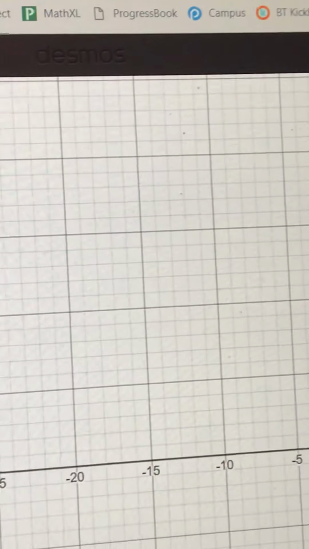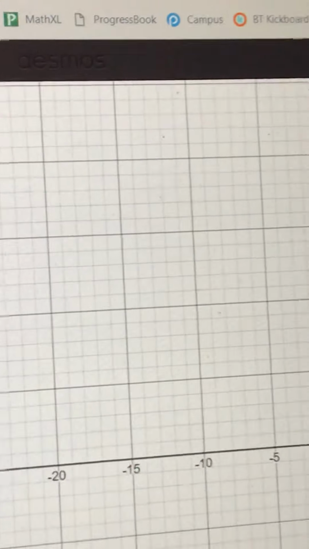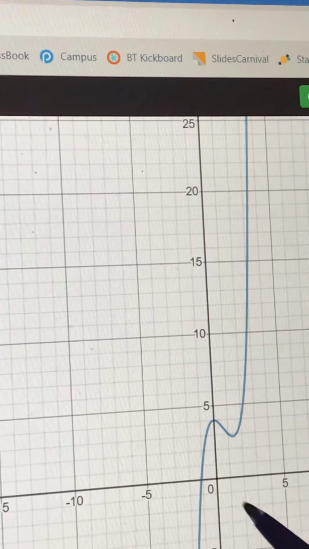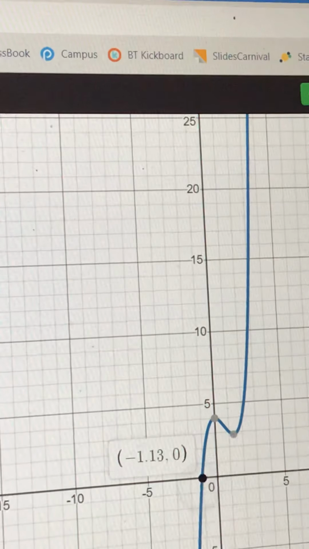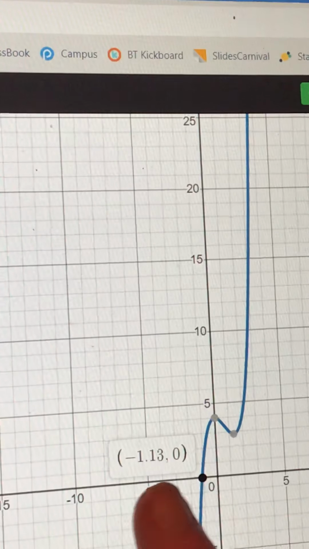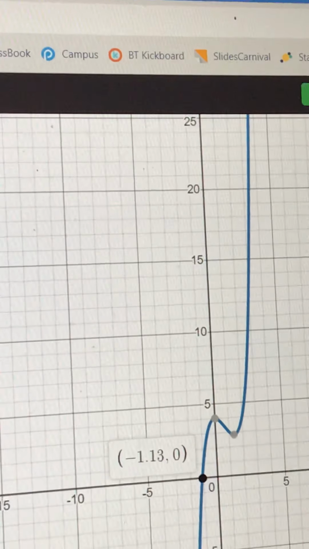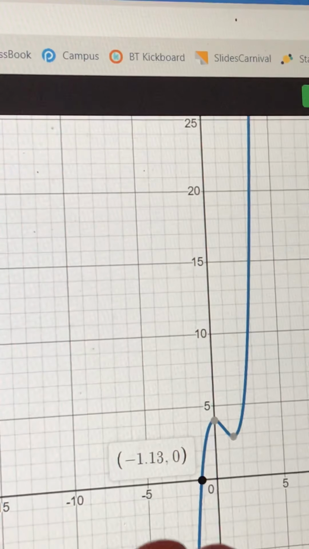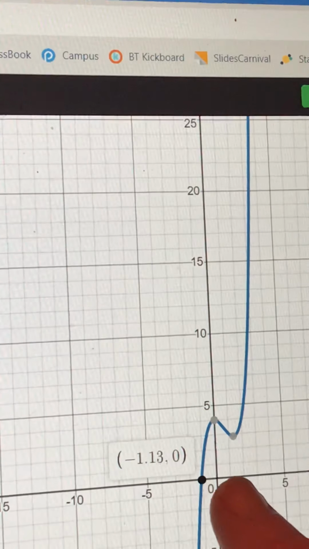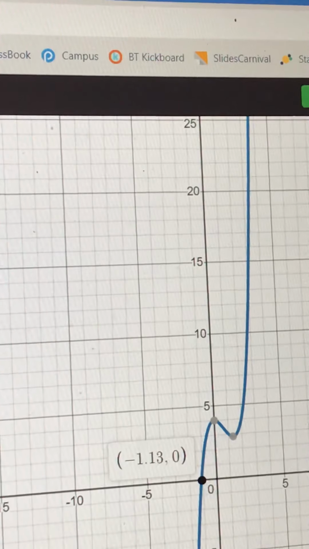Do you see it? There it is. You can see that this graph hits in one spot on the x-axis at negative 1.13. And although there are 3 roots in this function, it only hits one time.